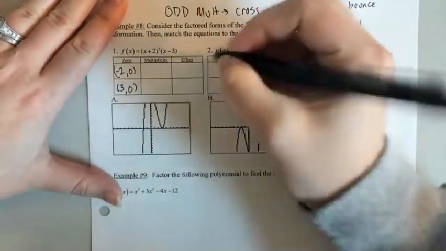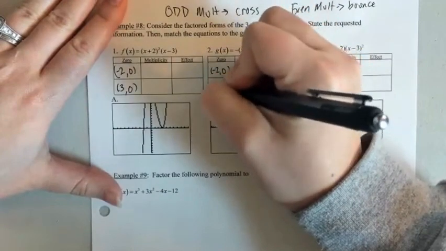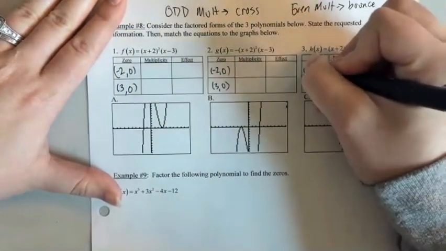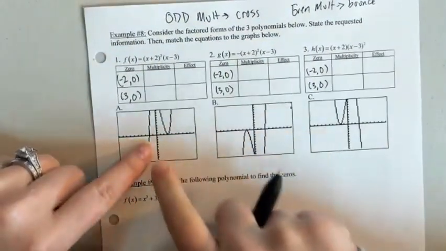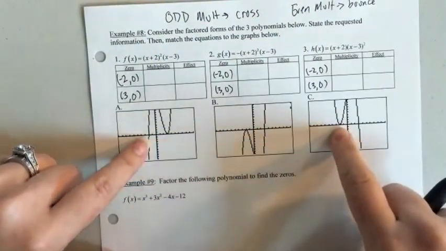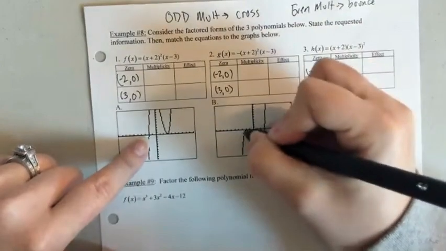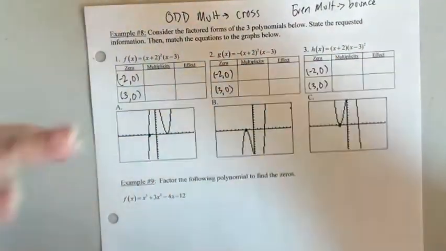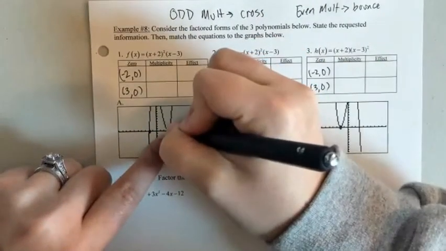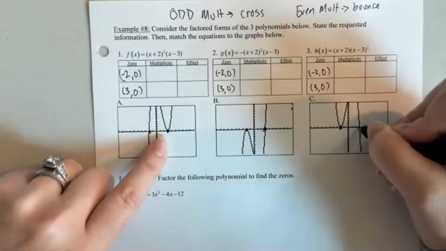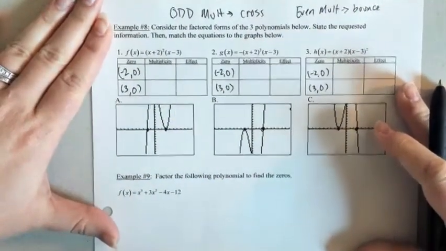And all 3 are going to have the same x-intercepts. You can even look ahead to the graphs and see, yup, every single one of these graphs has an x-intercept at -2. They act differently, but they all have that -2 x-intercept, and also at 3. So that's something that these graphs all have in common.